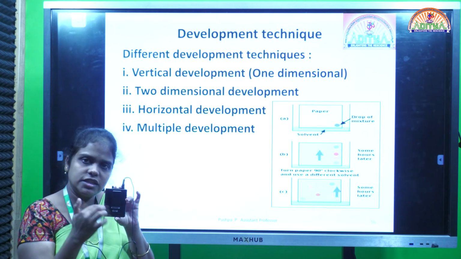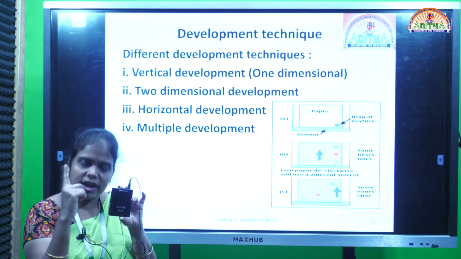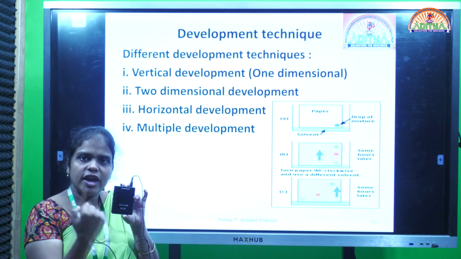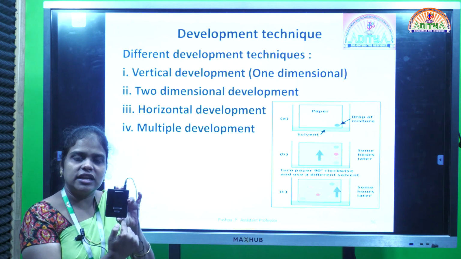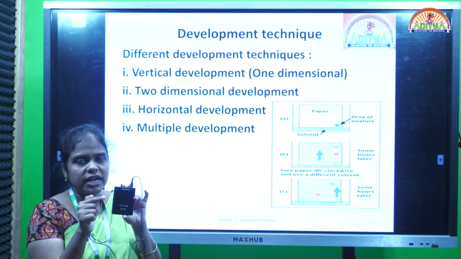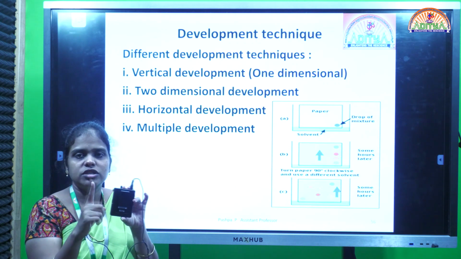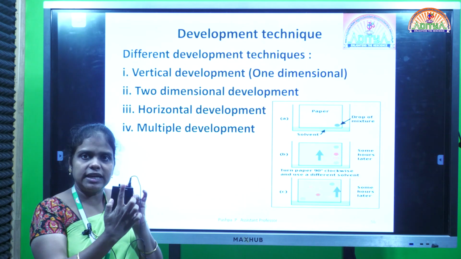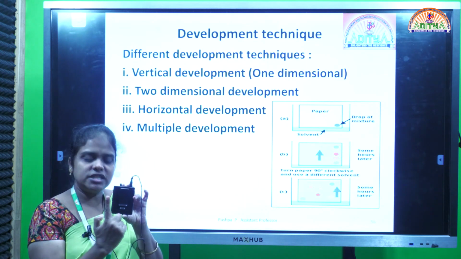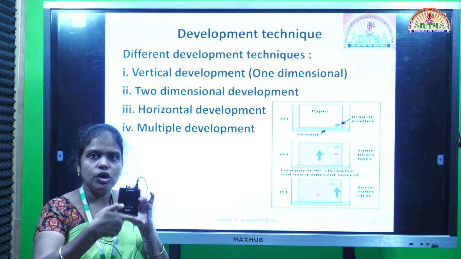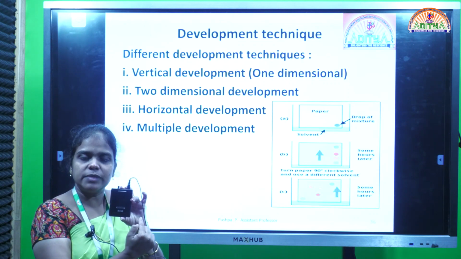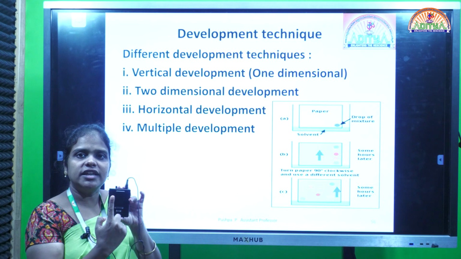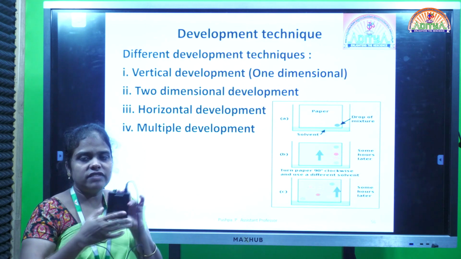That is also one-dimensional only. In one dimension, the elution takes place in one way only, but in what way? In the horizontal way. In vertical, it is also one-dimensional, meaning elution takes place in one way only, but in a vertical way. In horizontal, we change the TLC plate position by 90 degrees clockwise, and the development takes place in the horizontal way, and in vertical, elution takes place in the vertical way.